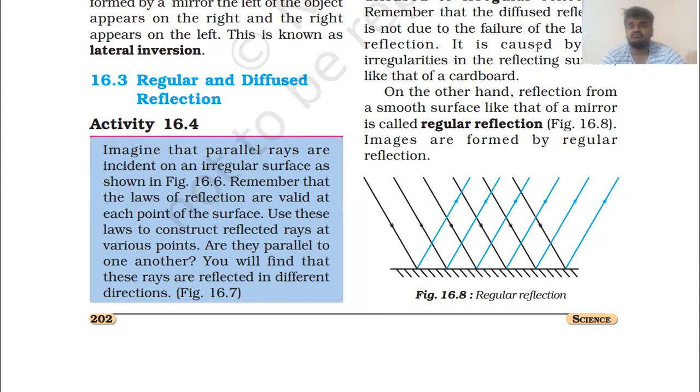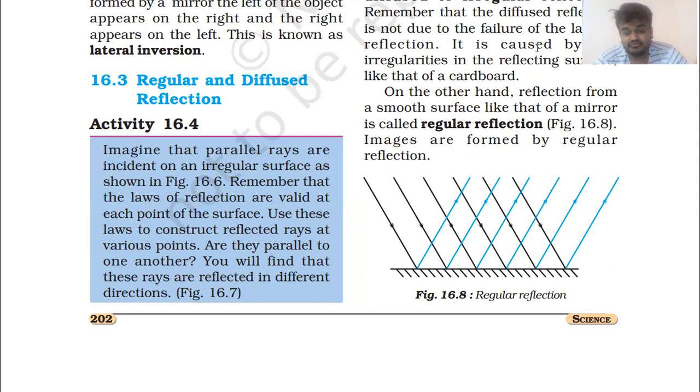This type of surface cannot be observed with the naked eye. It must be observed with a microscope only. So remember that the laws of reflection are valid at each point of the surface.